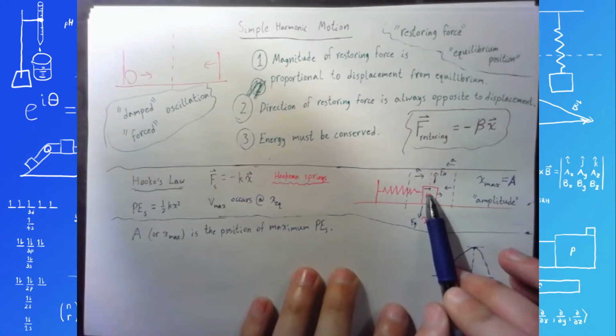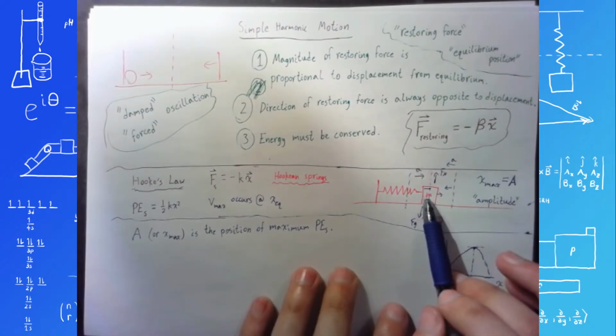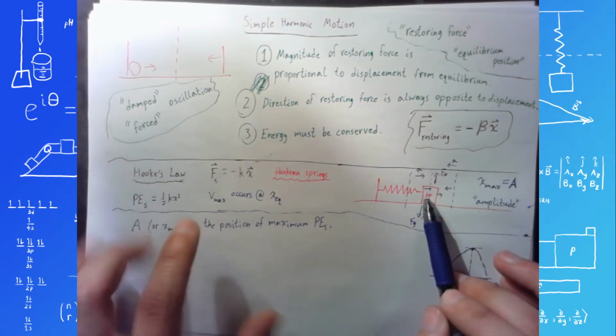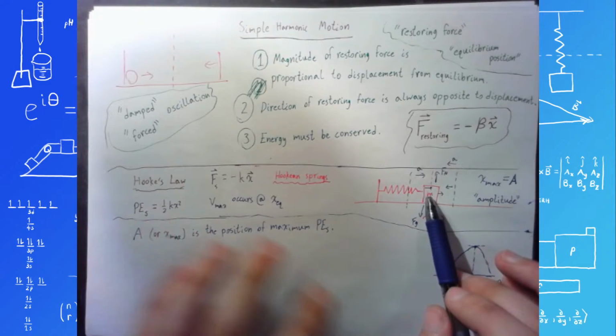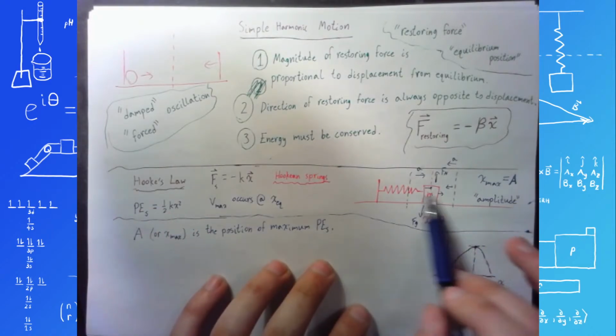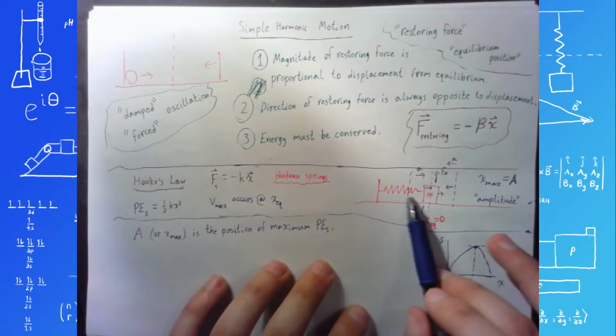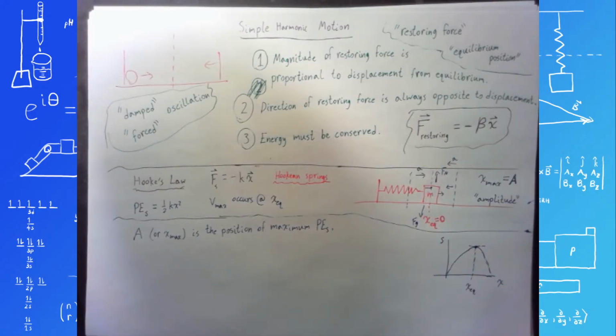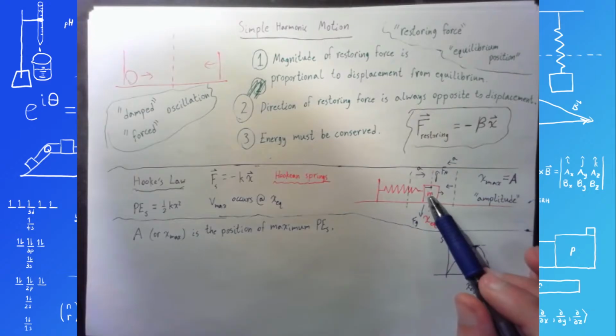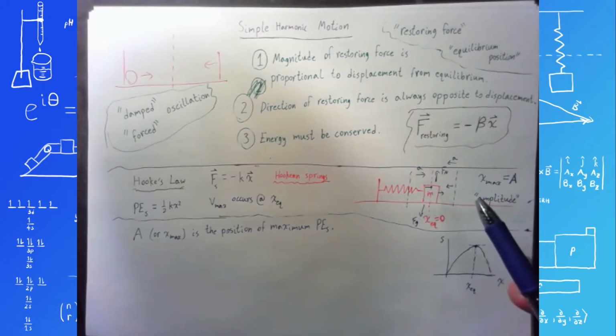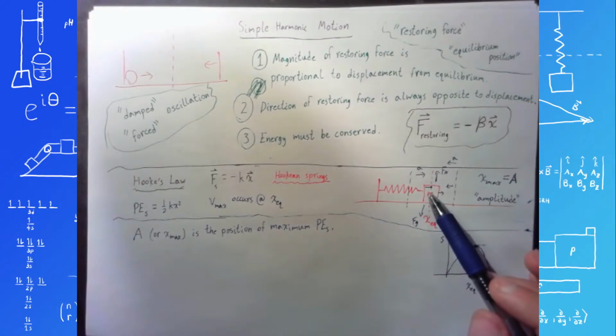We've got one position where the speed is a maximum. Whether it's to the right or to the left depends on which phase of the cycle you're in. It could be either or depending on when you look at it. Sometimes it'll be in this position heading to the right, sometimes it'll be in this position heading to the left. But either way, if it's in this position, it's moving at its fastest at that moment.